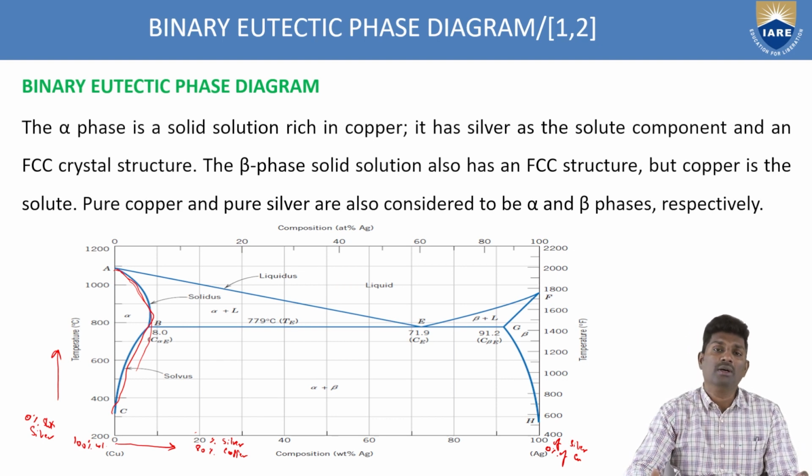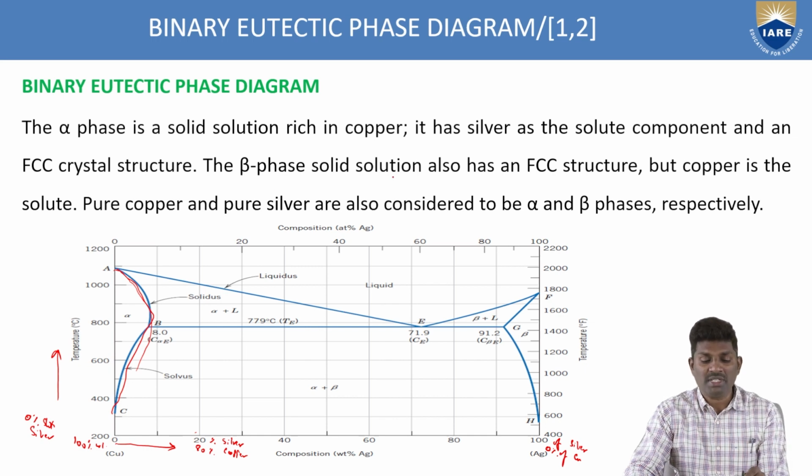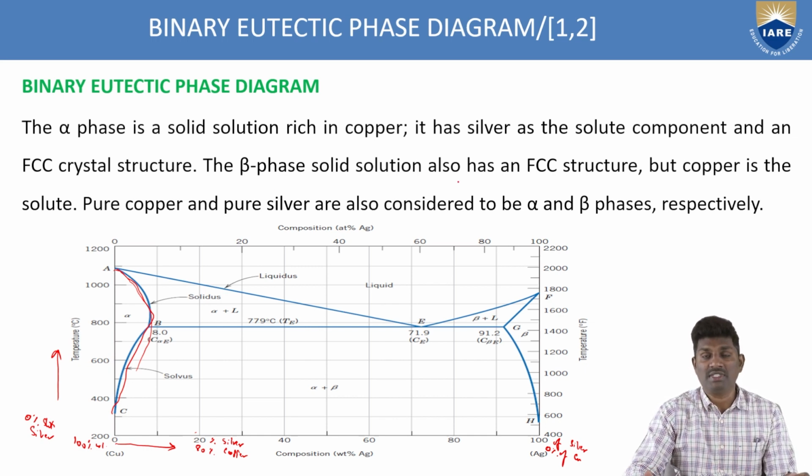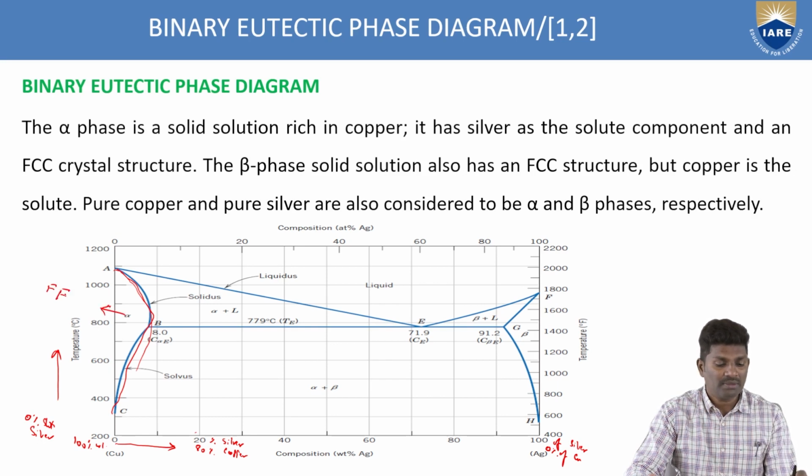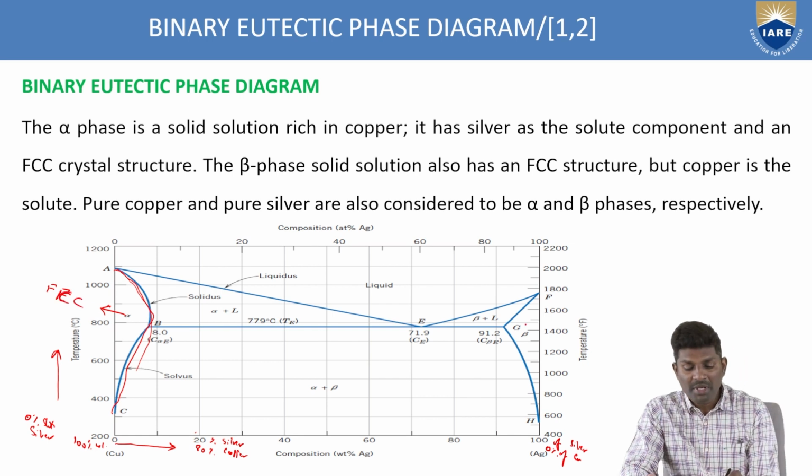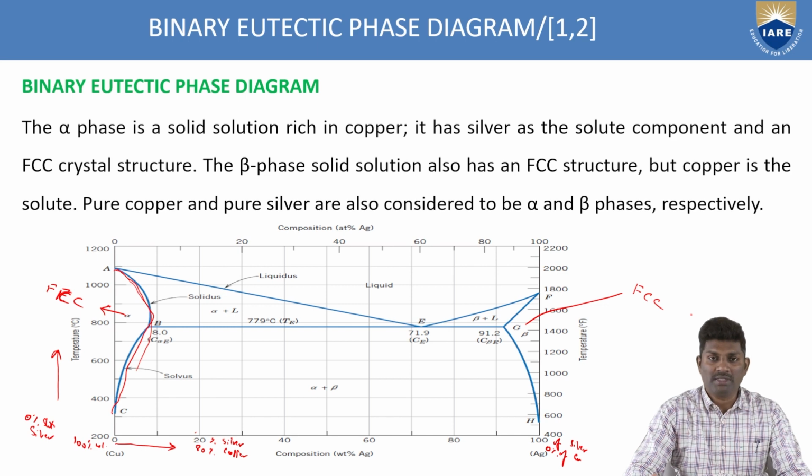If you see the cubic face structure of the element at this point, you can identify the FCC type of crystal structure. And of course, the beta phase region is also a solid solution having FCC. So alpha has the FCC crystal structure, and beta also has the face centered cubic structure.